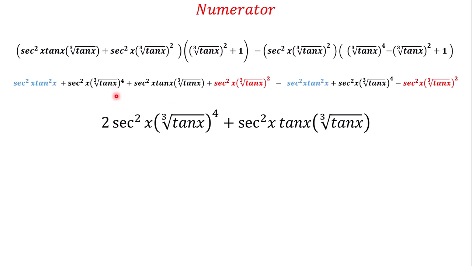Remember I said that when we have 8 and we want to write it in the form of indices or multiplication, it's the same as 2 times 2 times 2, which is 8. And also the same as 2 to the power 2 times 2. Is it not the same 8? Yes, it's the same 8.